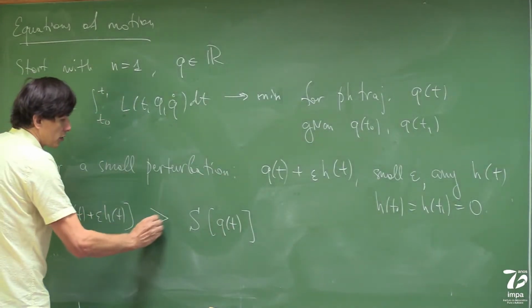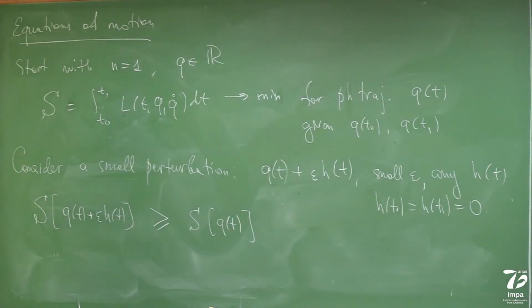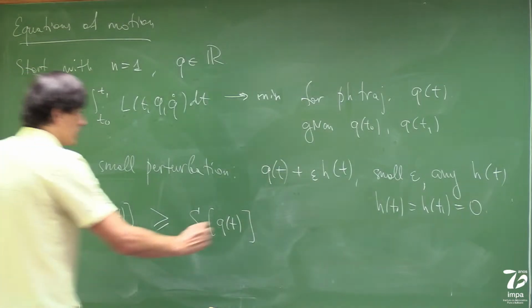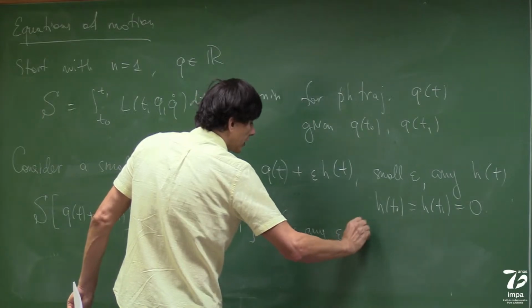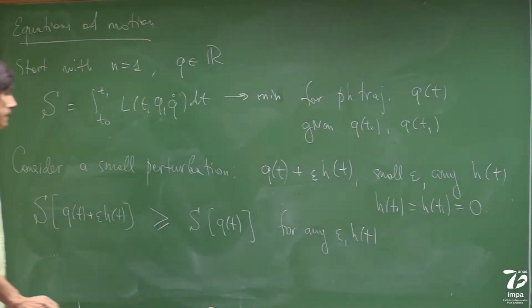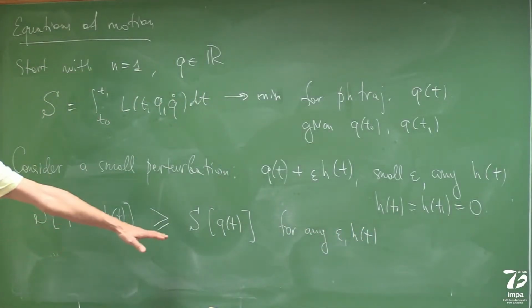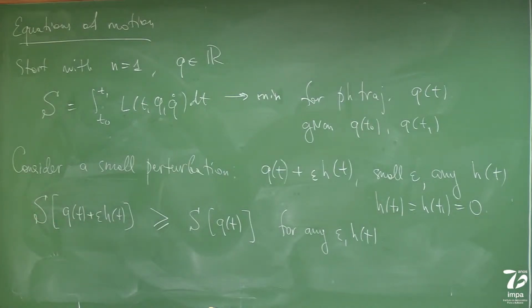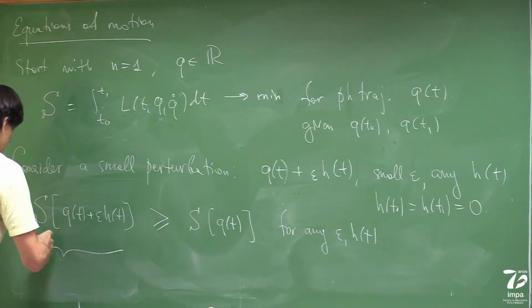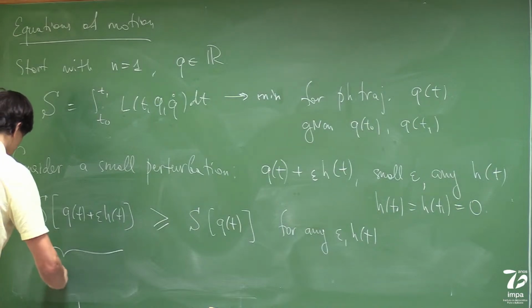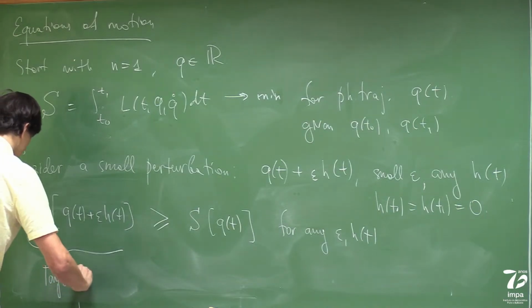So this should be less or equal, less or equal for any epsilon and h of t of this kind, right? So this is a condition of the minimum, less or equal. So now we can analyze this condition by considering this left part as a Taylor series. So take Taylor series.